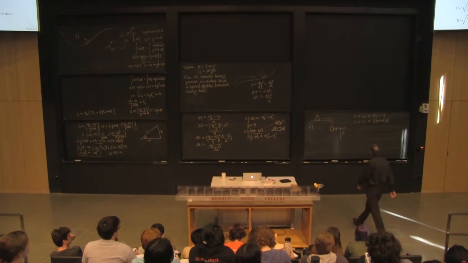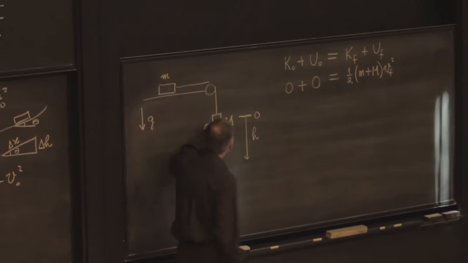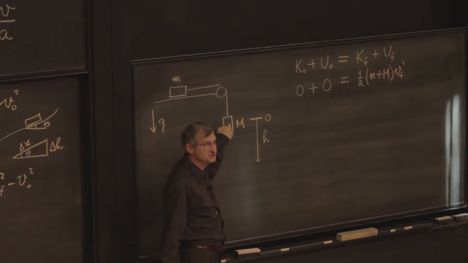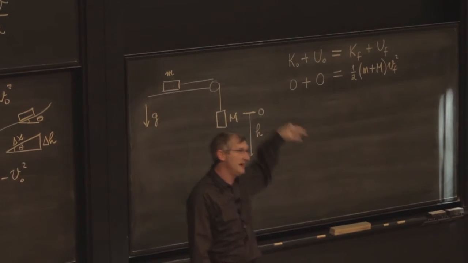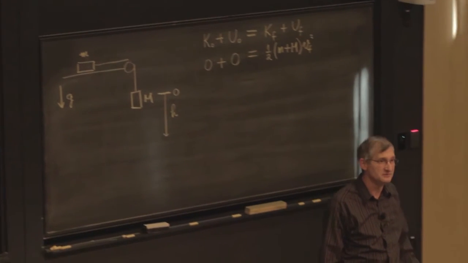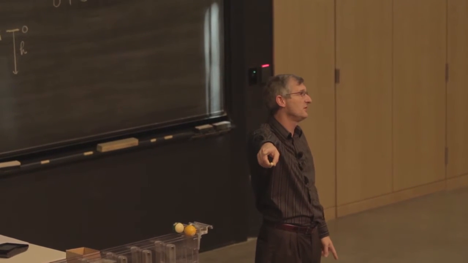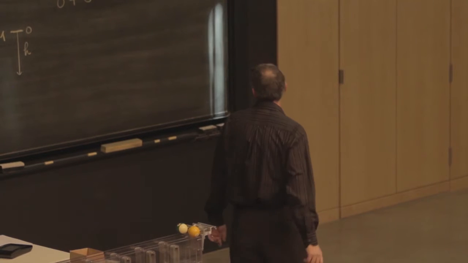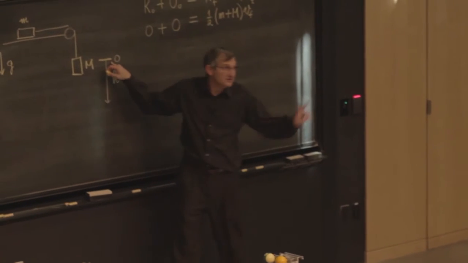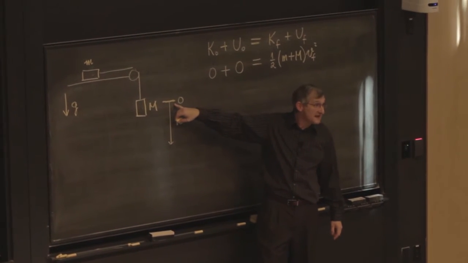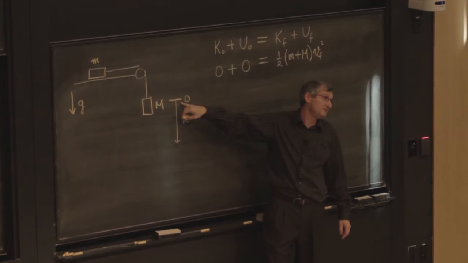Yeah, so she's saying, why isn't U naught mgh? Because it's starting up and it's falling a distance h. Blame him, he chose. Well, okay, I made it up. I'm going to do it two ways. Suppose that I define this to be the zero of potential energy.